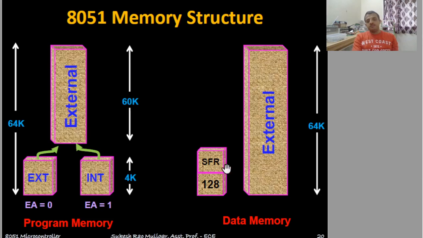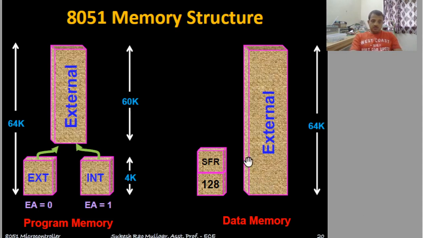It depends again, but that is internal to the chip, and it also supports a 64 kilobyte external data memory interface. So that is a summary of this diagram and the memory altogether.